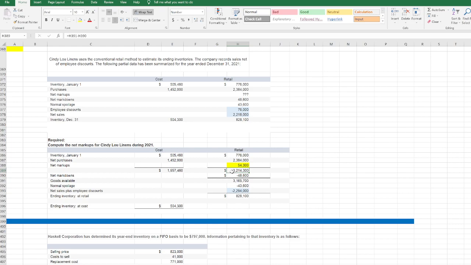Taking the 3,214,300 minus the 776 minus the 2384, that is going to give you net markups of 54,300. It may look intimidating, but if you just work the structure, you work up or work down, you can work through it. Again, this problem is just testing your understanding of additions and subtractions and how you get to the ending numbers. It's testing your understanding of the flow of markups, markdowns, and ending inventory for merchandising.